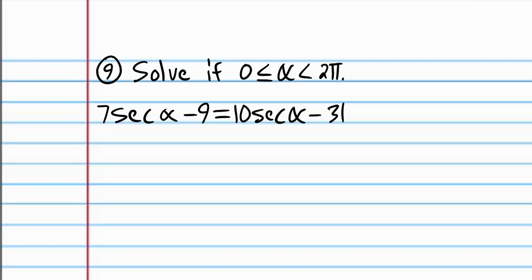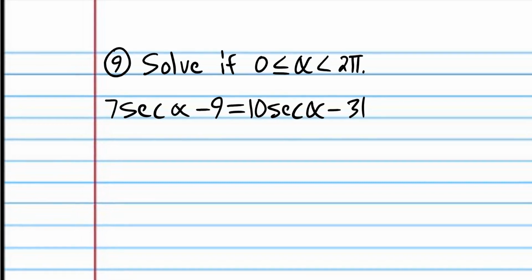Now notice that it wants us to find the measure of the angle between 0 and 2 pi. This implies that we need to write our answer in radian units. Now you can change your calculator mode to radian units, but it's not as easy to analyze radian units as it is with degrees.